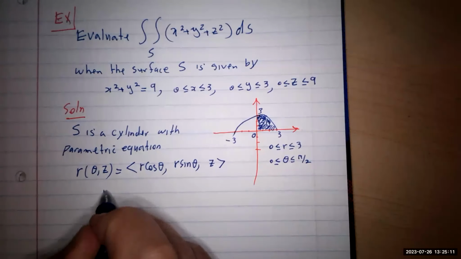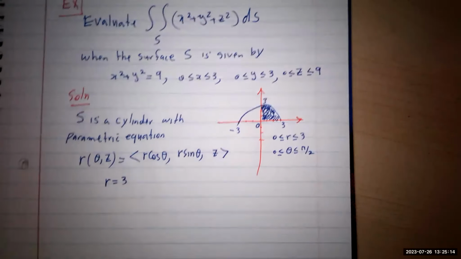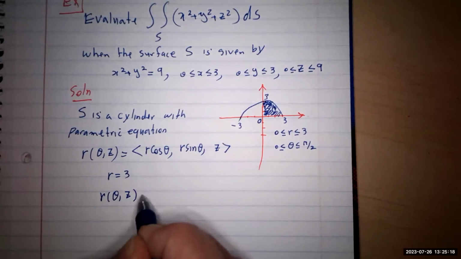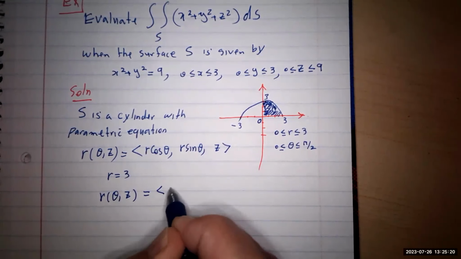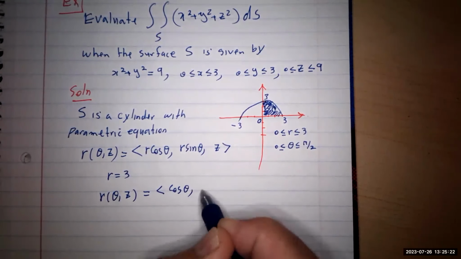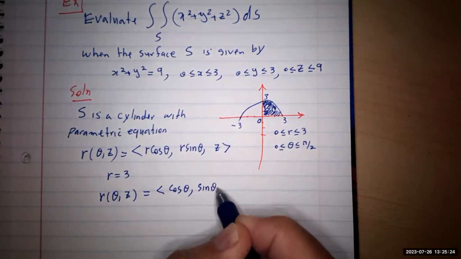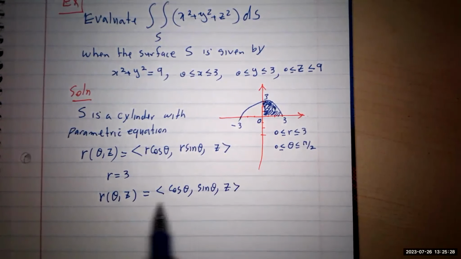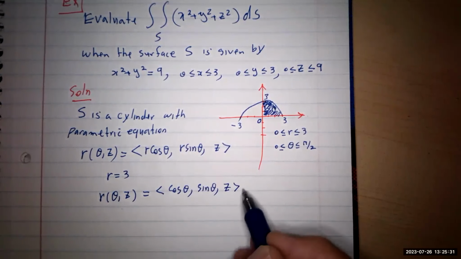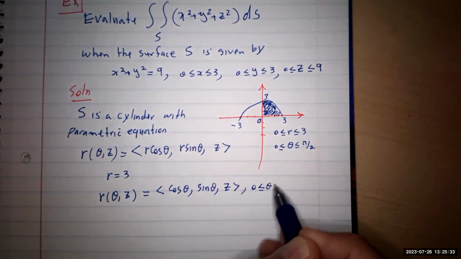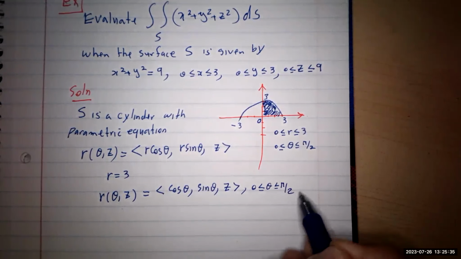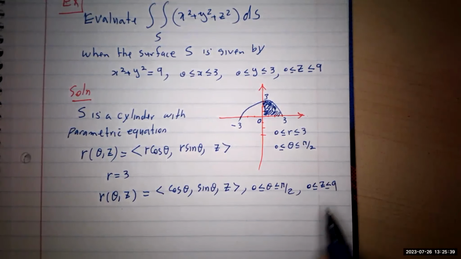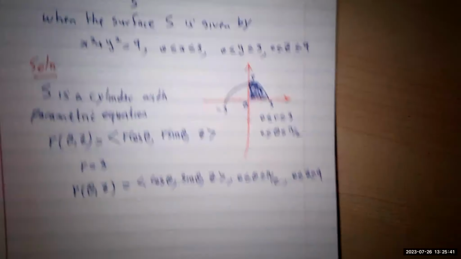But r is equal to 3. So your parametric equation is r of theta and z equal to 3 cosine theta, 3 sine theta, and z. What's the domain? Theta is between 0 and pi half, and z is between 0 and 9. That's your domain.